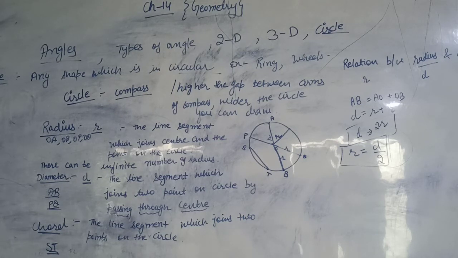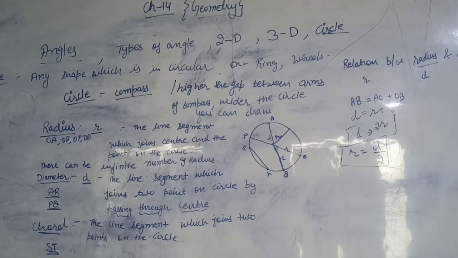Next, that is diameter. Diameter we will represent by small d. So what is diameter? It is a line segment which joins 2 points on the circle by passing through the center. Here the main point is the center; the diameter must pass through the center.